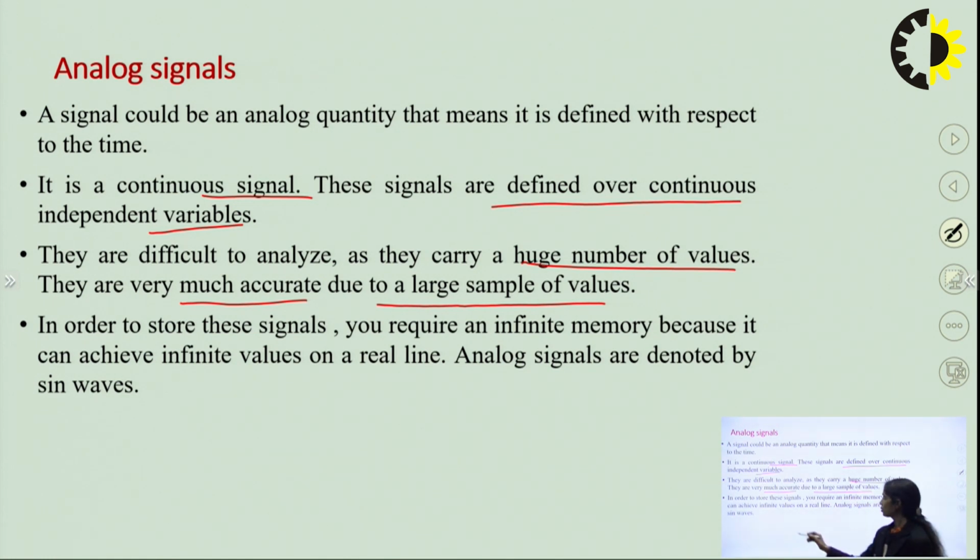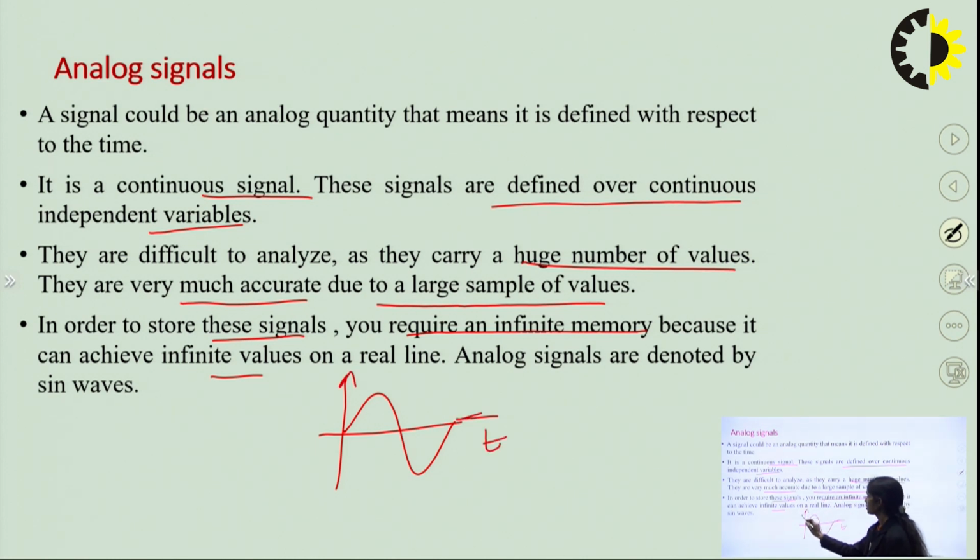To store these signals you require infinite memory, because they can achieve infinite values on the real line. For example, we have the sine wave. This is a continuous signal, analog in nature, continuous with respect to time, and it has different amplitudes at different instants of time.